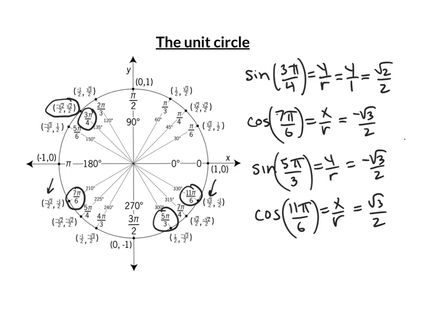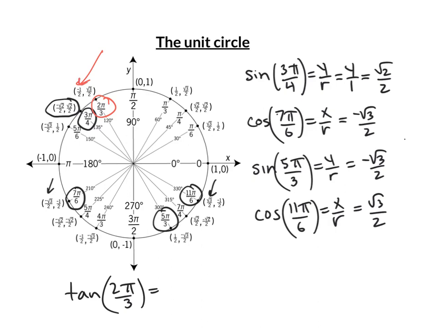The one that takes a little bit of work is the tangent. With tangent, we have to divide y by x. So the tangent of, let's do 2 pi over 3. We go to 2 pi over 3, I'll change colors here, is right there. And we're looking at this coordinate.